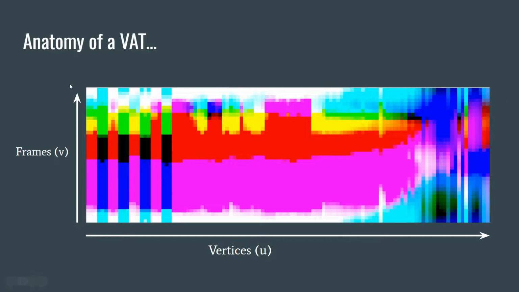The vertical is the frames. Again, starting at the top left pixel, we have frame 0. If we move down 1 pixel, we'll have frame 1, frame 2, frame 3, etc. along the vertical of the texture. And then the colors just represent the offset from the T-pose of the skeleton.